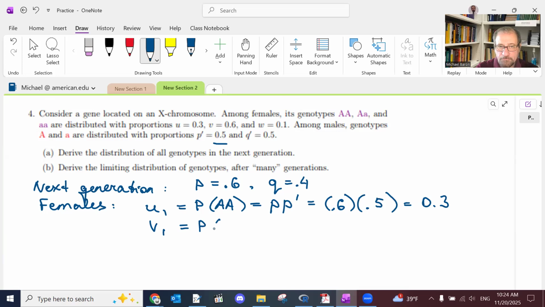V1, heterozygote. Daughters can receive heterozygote only when they receive different genes from the father and from the mother. So PQ prime plus P prime Q will have 0.6 times 0.5 plus P prime 0.5 times Q 0.4.